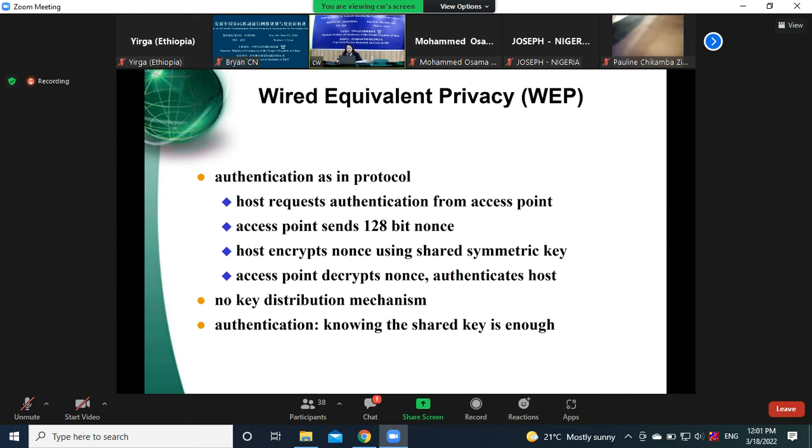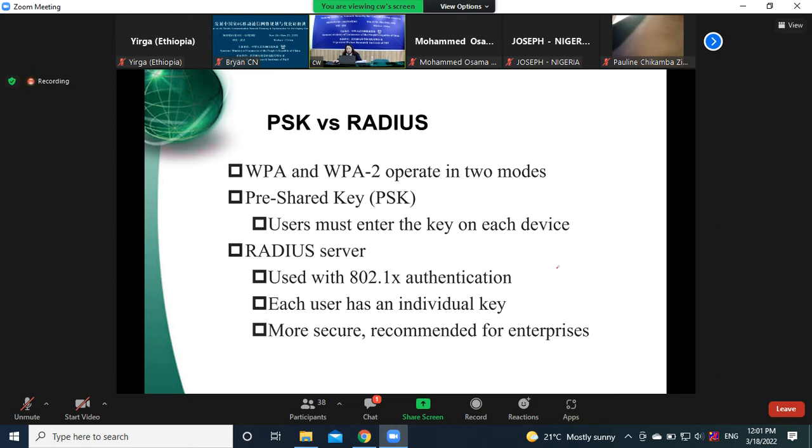The host requests authentication from the access point, and the access point sends a 128-bit nonce, and the host encrypts the nonce using the shared symmetric key, and the access point decrypts the nonce and authenticates the host. There is no key distribution method; knowing the shared key is enough. So sometimes we will use PSK and RADIUS.